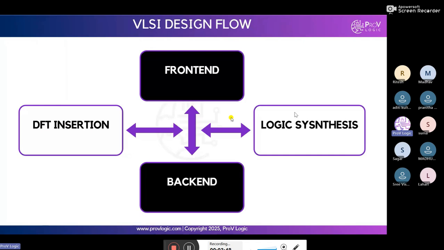Before that, whoever is facing some errors, I think Pranita is facing an error installing the tool, right? So by the end of the session, you can share your screen and we can discuss. Okay, is anyone else facing the issue? What about the remaining? Are you facing any problem? Have you tried to install?